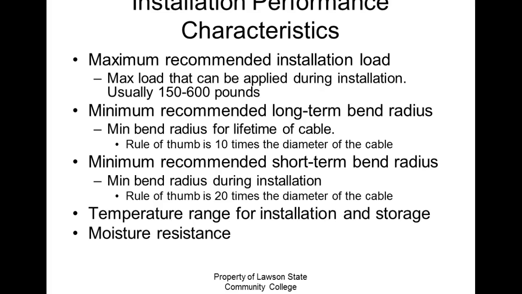Now, if you have the information on the cable, you're supposed to look it up. If you don't have the information on the cable, rule of thumb is your bend radius is 10 times the diameter of the cable itself. Does that make sense? Everybody okay? So what you do is you measure the diameter of the cable, and that would give you the minimum bend radius.